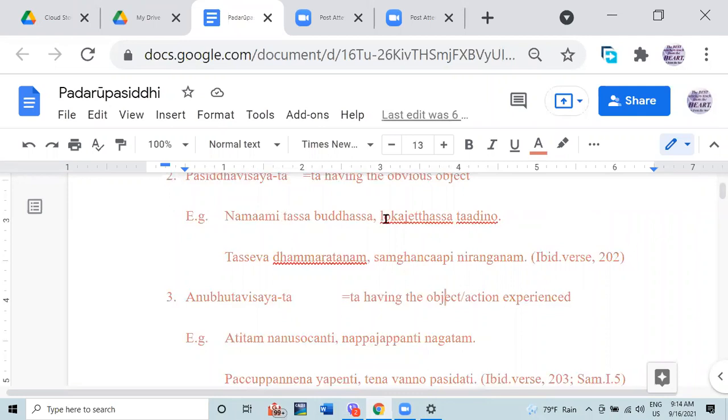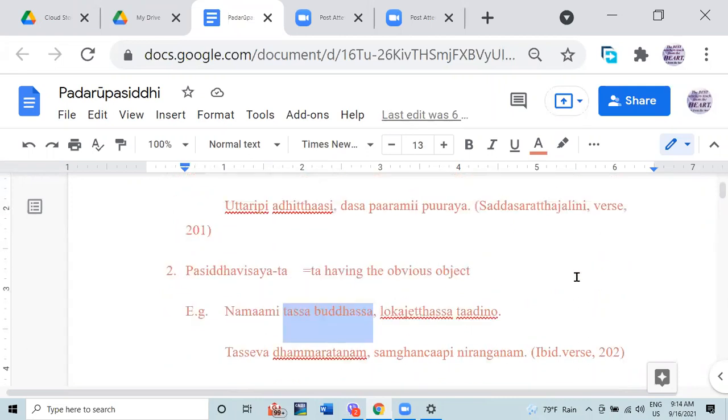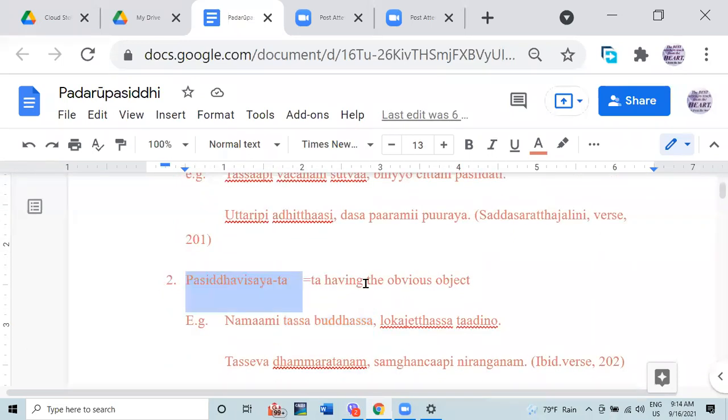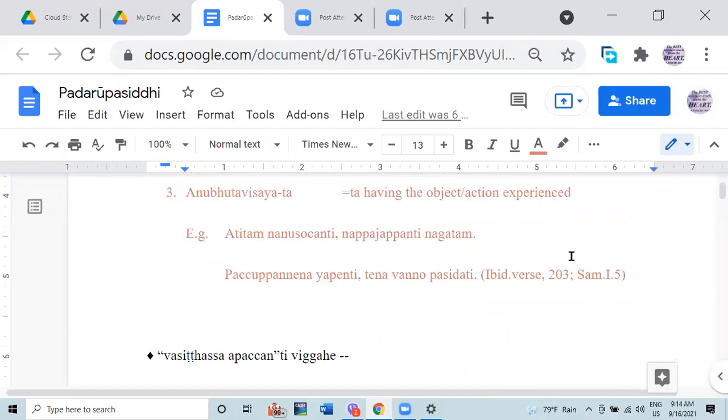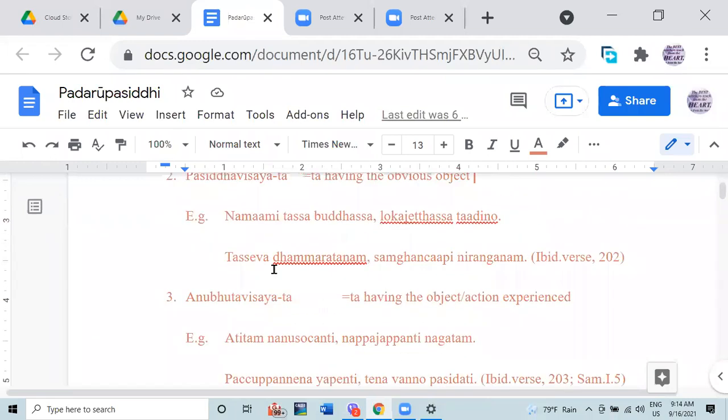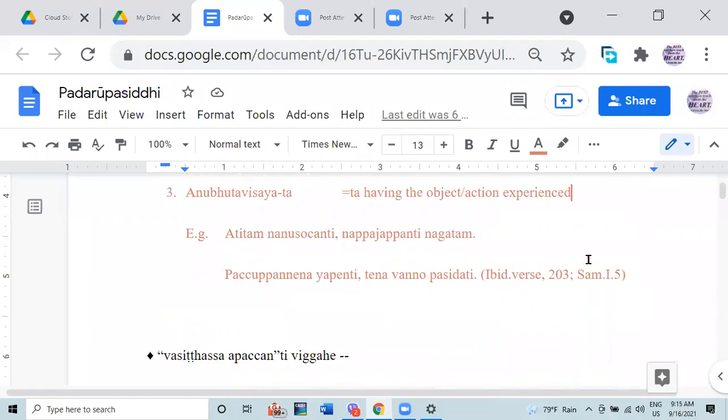So Tassa Buddhassa, Tassa modifies Buddhassa greatly. It's called Pasiddha Visesana. The next one, Anantara Paramattha Visesana, the word which has as its object especially something already mentioned.